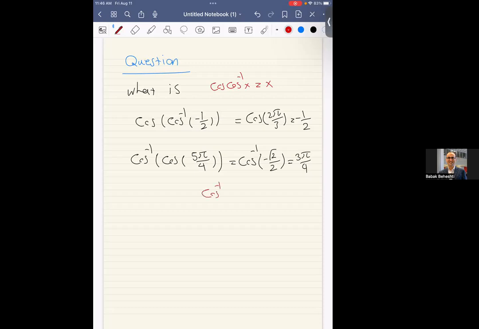However, cos inverse of cos theta is not necessarily equal to theta. So this was just something interesting.